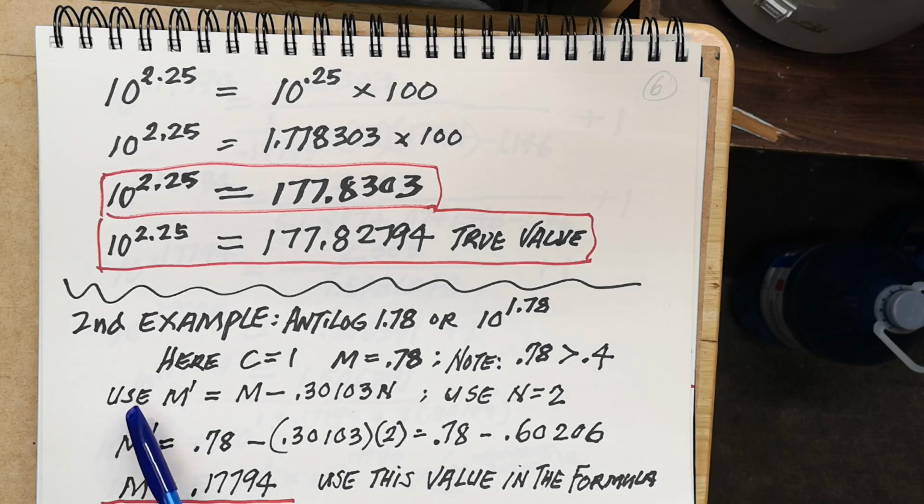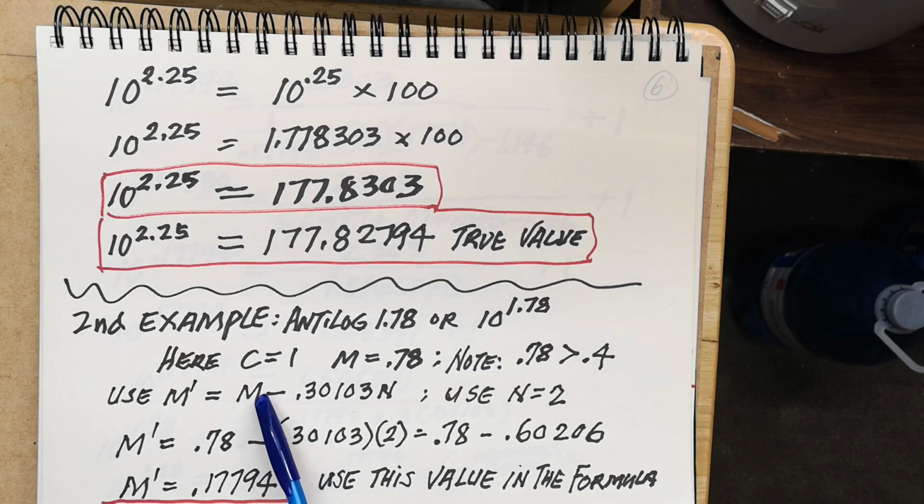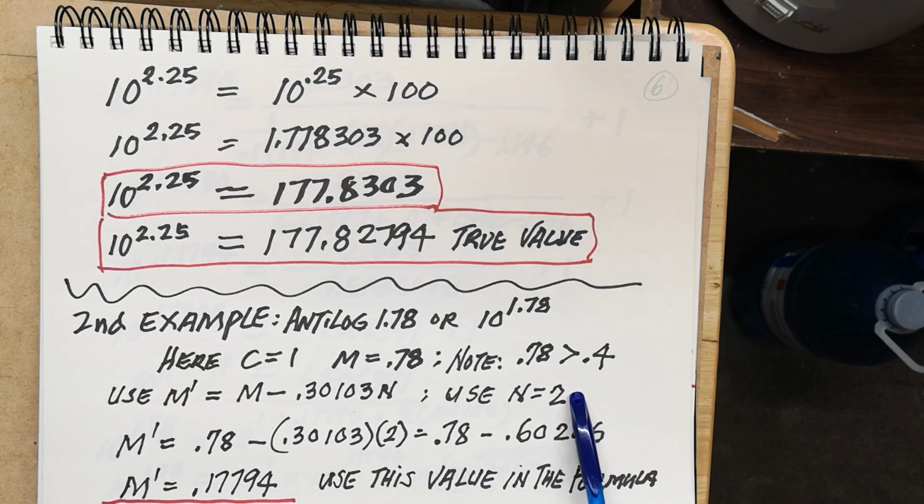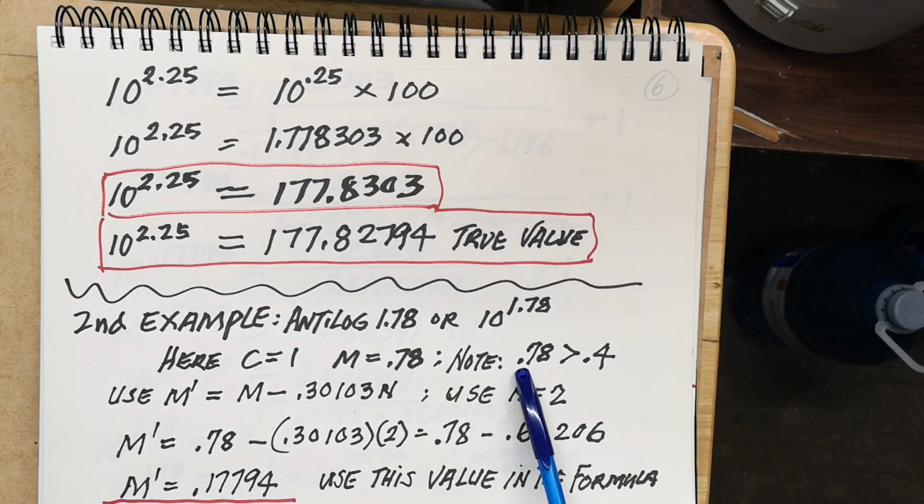What we do is m prime, the new mantissa, is equal to the old mantissa minus a multiple of the log of 2. Here we use 2, because 2 times 0.3 gives 0.6, and when subtracted from 0.78, you still get a positive m prime.